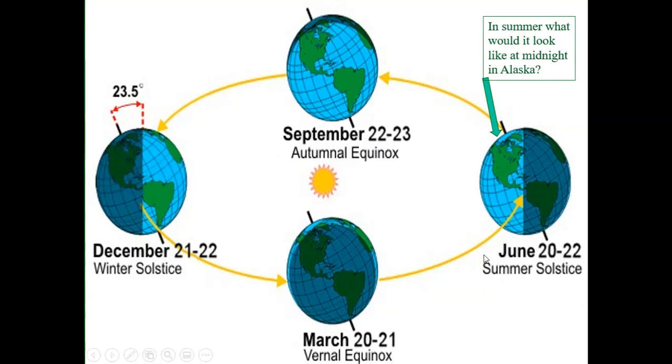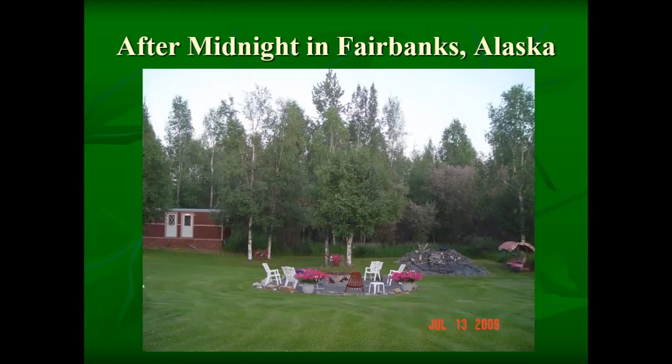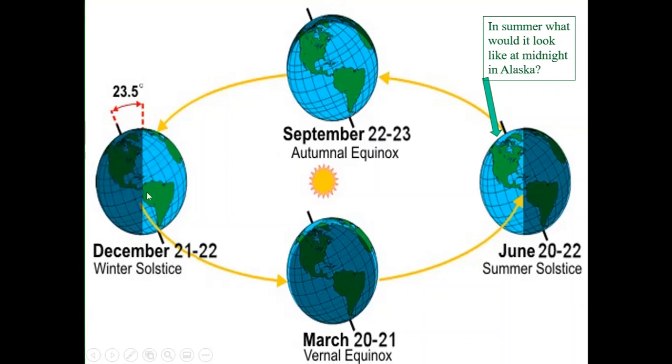When we look at midnight in Fairbanks, Alaska, this is what it looks like. That's my sister's backyard. Here it was July 13th. So it's a little later, but that's okay. I never saw the sun go down. Now, what if I were to visit my sister in Alaska right there, December 21st?